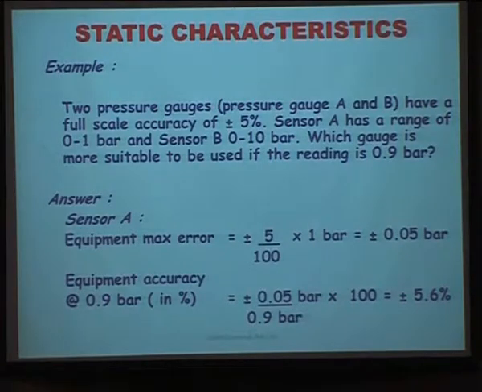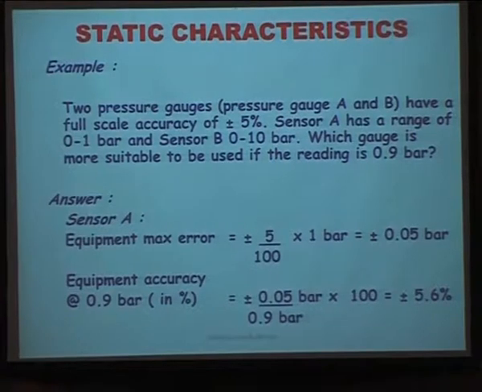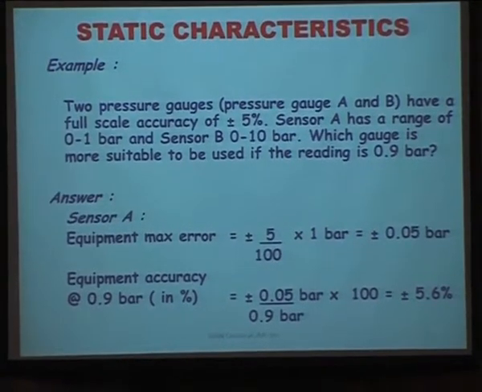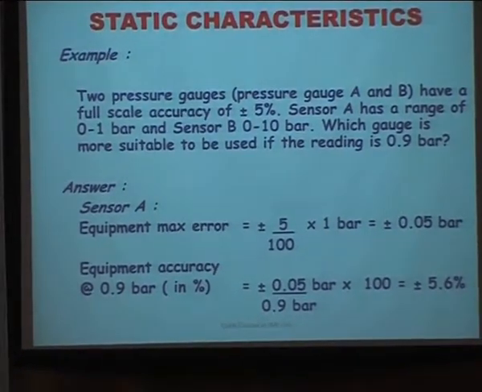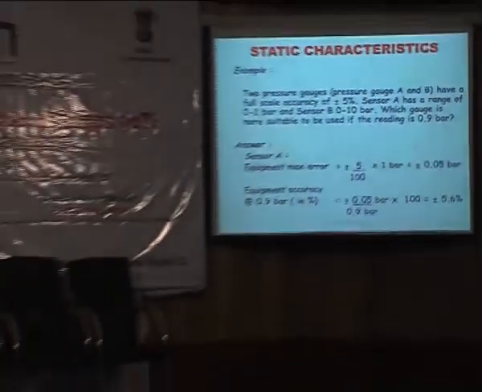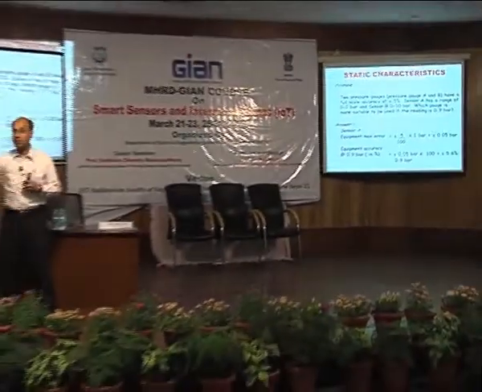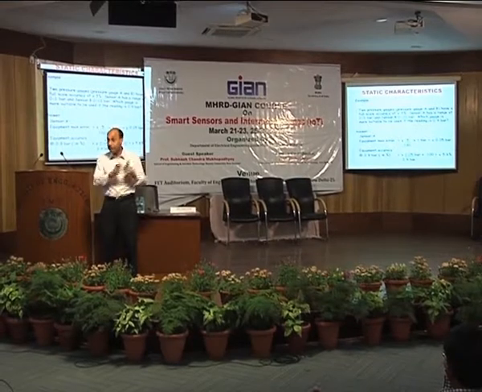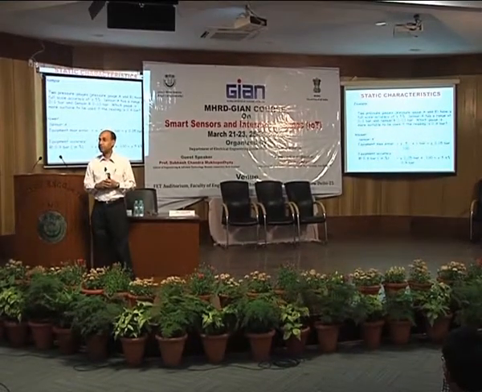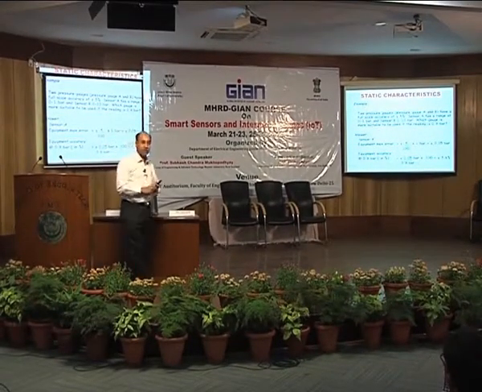So just another example. A pressure gauge sensor has accuracy plus minus 0.5%. One has a range of 0 to 1 bar, another has a range of 0 to 10 bar. If you measure 0.9 bar, which one is suitable for your application? So two pieces of equipment, you are measuring one particular parameter, but with different ranges. Okay?